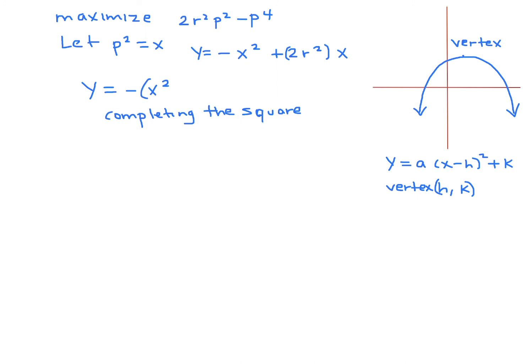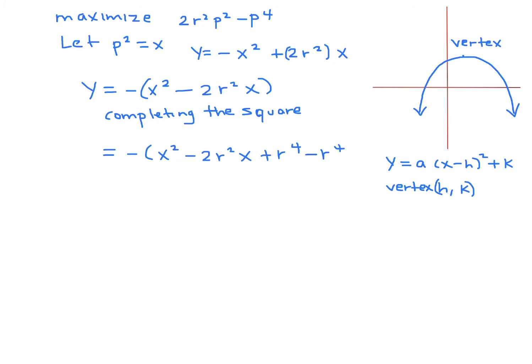So we got minus x squared. I'm going to factor out the minus there. So that will give me just 2r squared x like that. And then to complete the square, you take half of that and square it. So half of minus 2r squared is minus r squared. And if I square that, minus r squared squared is r to the power of 4.